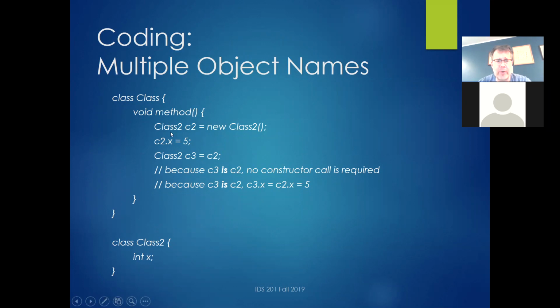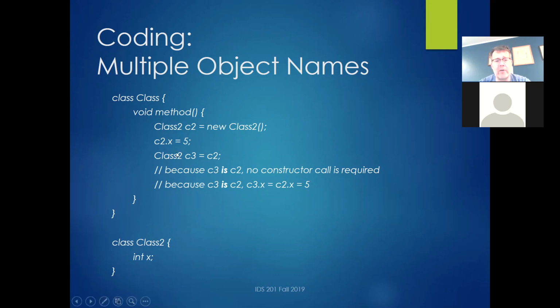So first of all, we create a new object of class 2. We create this new object called C2 and we set its x attribute to 5. So second line there, C2.x equals 5. At that point, we've created the C2 object and we've given its initial x a value. If we didn't give it a value, it would be defaulted to 0, but we give it a value, so now it's 5.